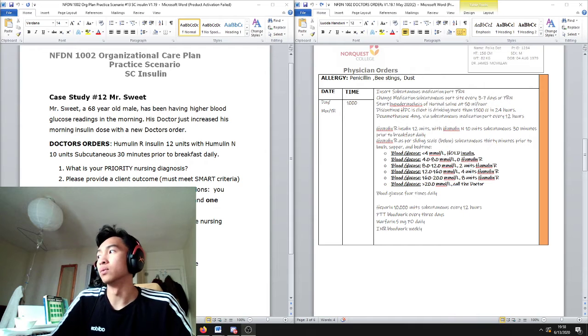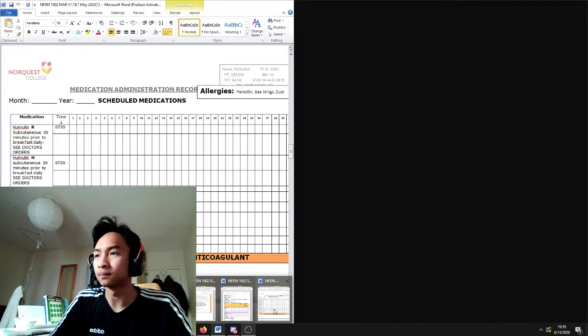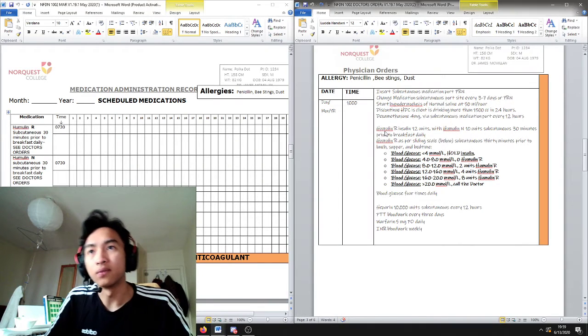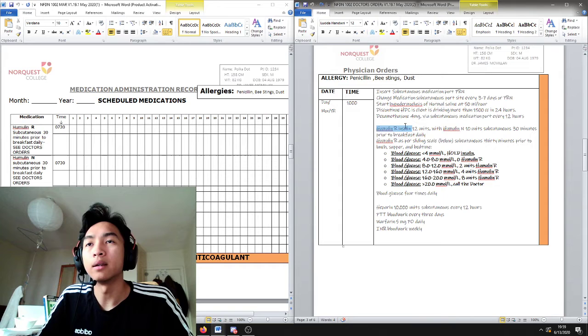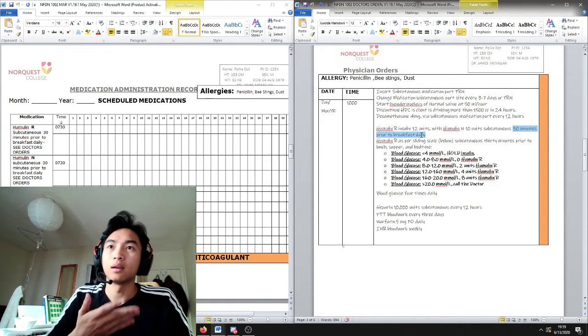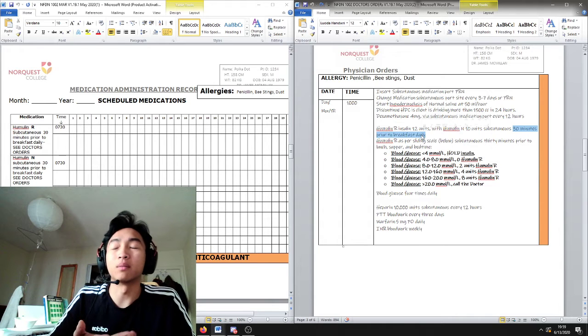Next, I would have to verify the MAR with the physician's orders, as you can see here. So the physician has prescribed Humulin R insulin 12 units with Humulin N 10 units to be administered subcutaneously 30 minutes prior to the breakfast rather.